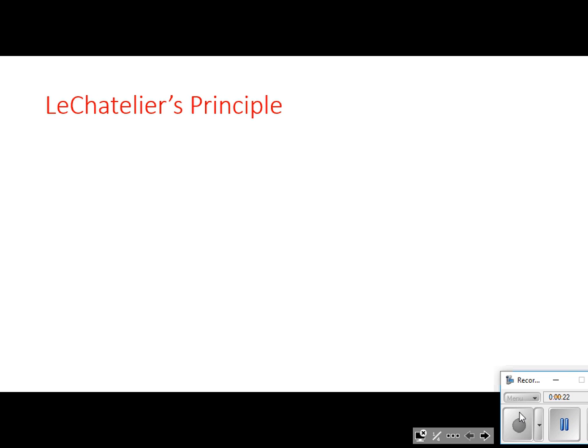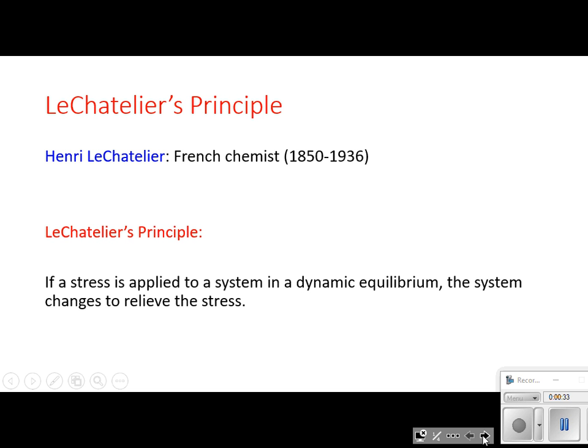Now, what Le Chatelier's principle is came from a French chemist, Henri Le Chatelier, and his principle was that if a stress is applied to a system that is in dynamic equilibrium, the system changes and relieves that stress.